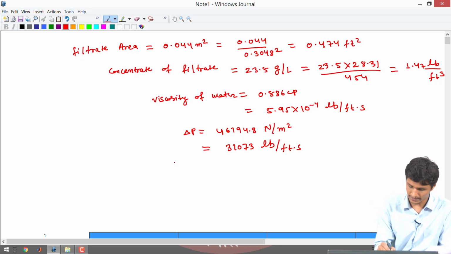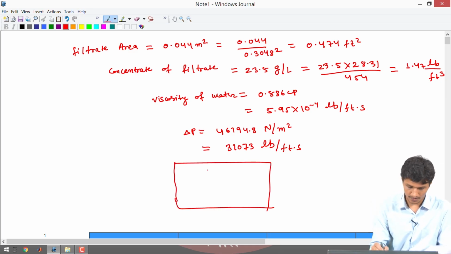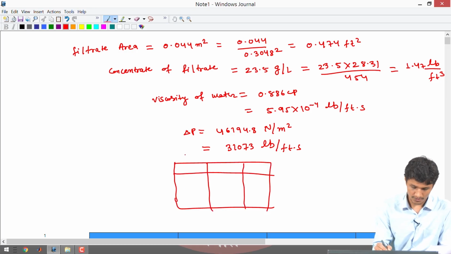So in the question the data table is given with respect to volume. I am going to make the table also. Filtrate volume, time in second, and T by V. Volume: 0.5, 1, 1.5, 2, 2.5 and 3.